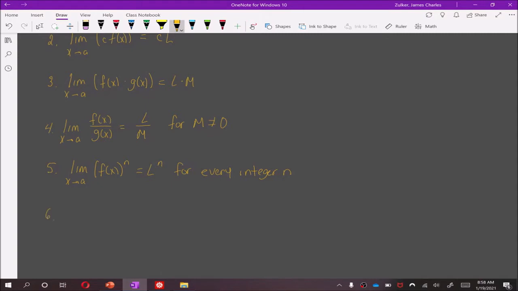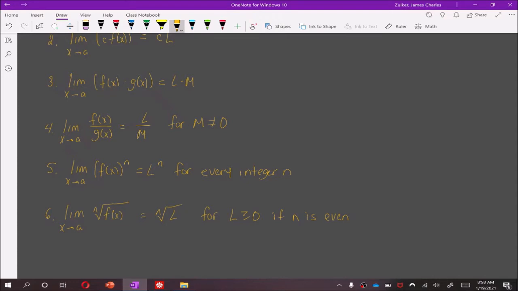And finally, number 6, the limit as x approaches a of the nth root of f of x is equal to the nth root of L, where L has to be greater than or equal to 0 if n is even.